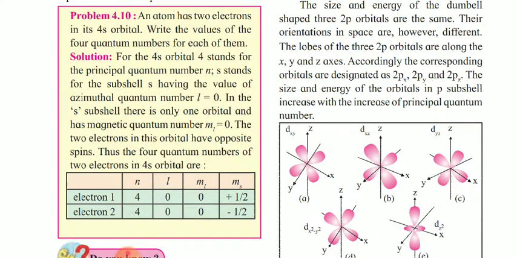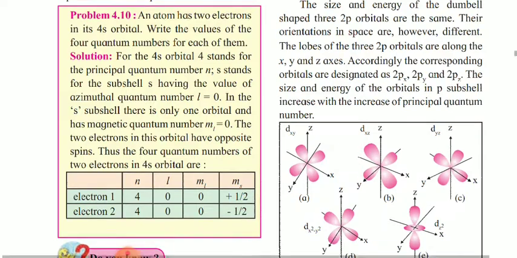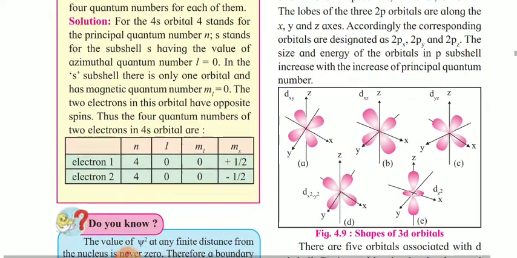For the identity of the first electron, n is equal to 4, l is equal to 0, ml, that is the magnetic quantum number, is 0, and it has the spin quantum number with value plus 1/2. Another electron in the same subshell has opposite spin, therefore its value is minus 1/2.